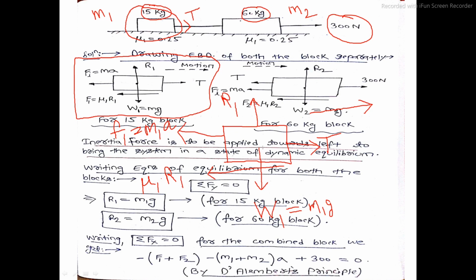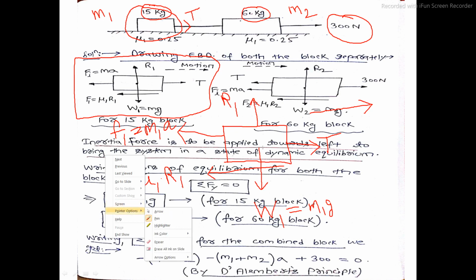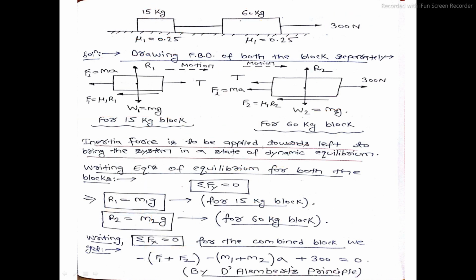Similarly, let us draw the FBD of the 60 kg block. So this is your 60 kg block. Now what all forces are acting on this 60 kg block? The first force is the weight of the block, acting vertically downward.